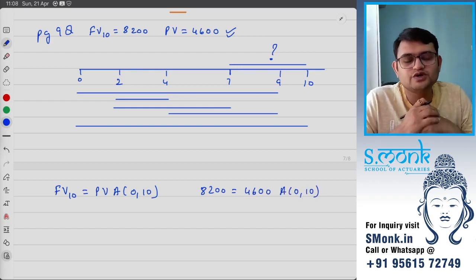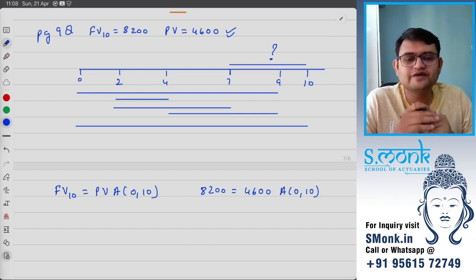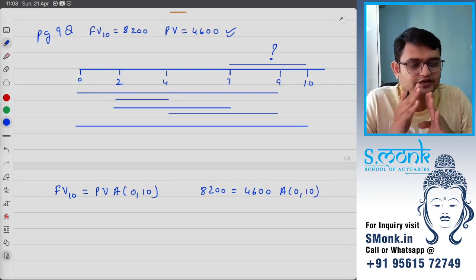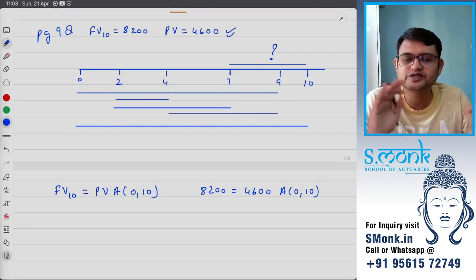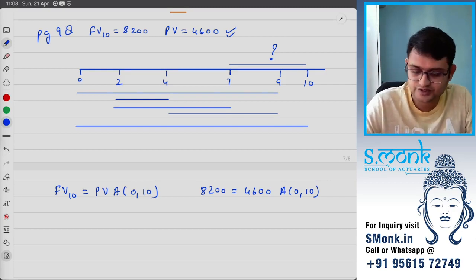Now, if you observe here, we have no idea whether it is simple interest or compound interest, whether we have the same rate of interest for all of 10 years or whether we have different rates of interest in between. There's nothing mentioned and we don't even need that information.